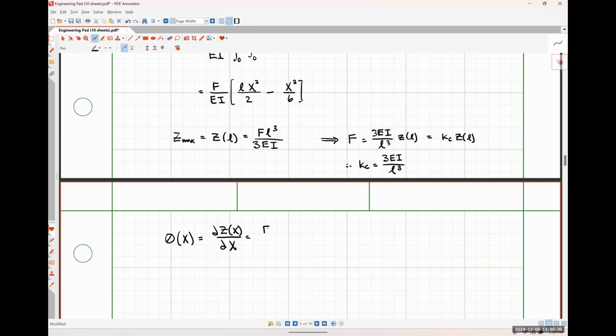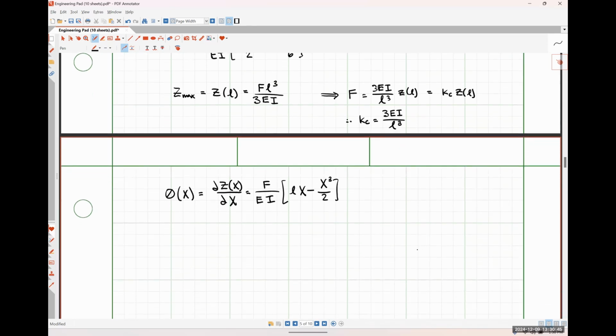So this just comes out to be F over EI times LX minus x cubed over 2. And at the end of the beam the angle is at its maximum. So theta L is equal to FL squared over twice EI.